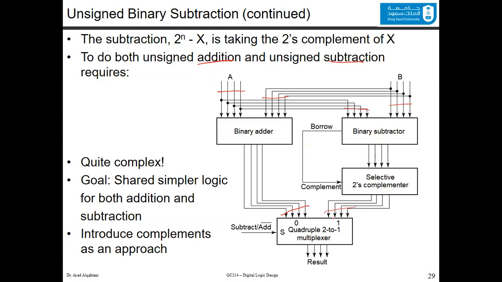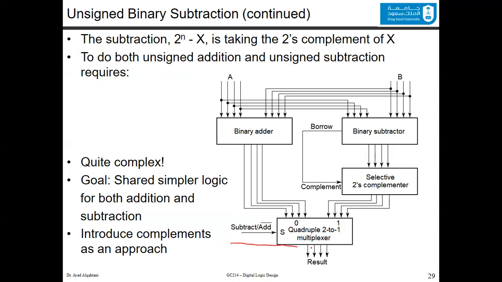And now, at the end, you have to choose between the addition and the subtraction based on the operation that you have. If you use subtraction, and you can see the subtraction doesn't have a bar, you will get these results and you pass them out to the final result. If you want the addition, notice that you have a bar here, then you will pass that result.